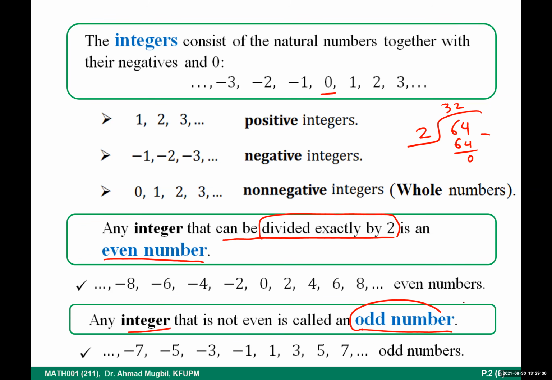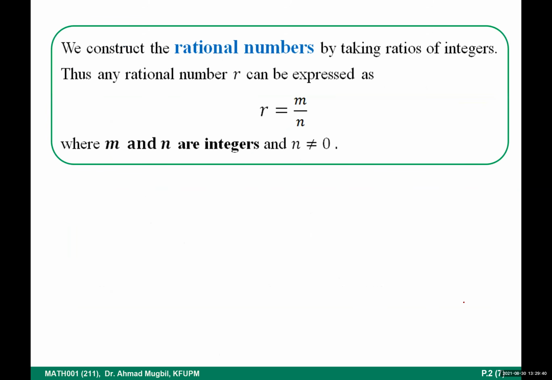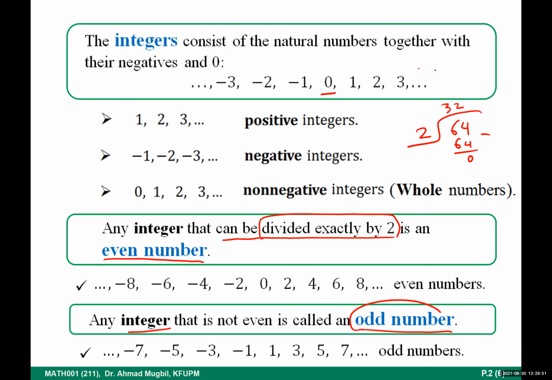Now, what else? Before going to the rational numbers, let me show you the need. Why do we need this? These numbers are not enough to do all the operations. Let me give you an example here. Look at these integers. If we add or subtract or multiply any of these numbers, we will get one of them.